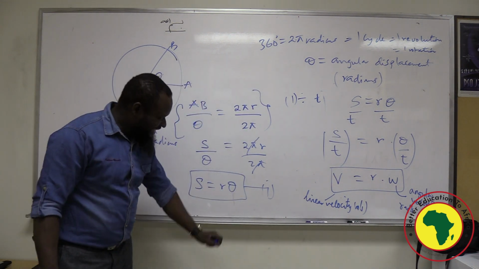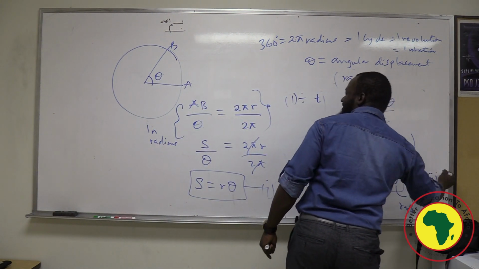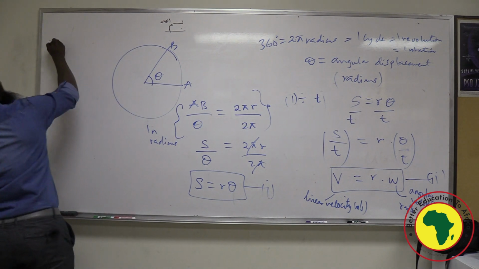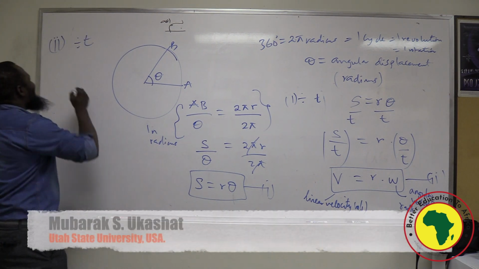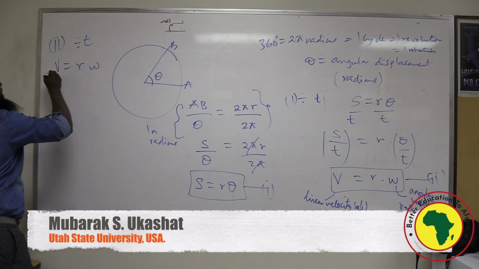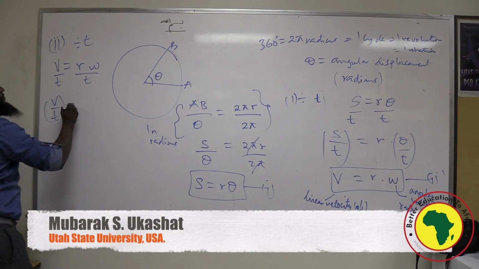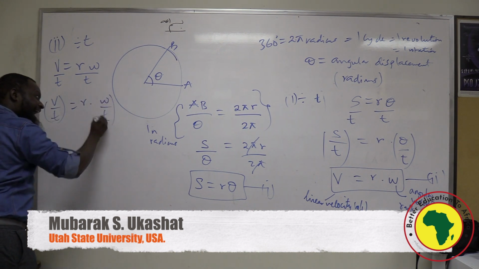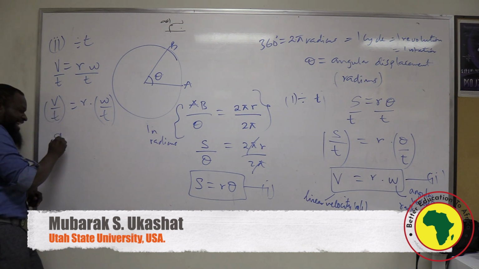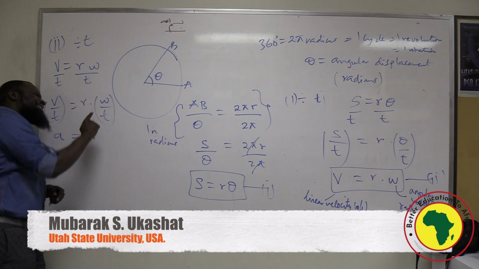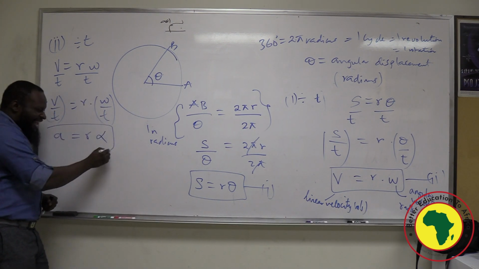So S is R theta, V is R omega. I call this equation 2. You can guess what's going to happen next, because I'm going to divide equation 2 by time again. And what do I get? V over time equals R times omega over time. V over time is linear velocity divided by time, linear acceleration A. Omega over time is angular velocity divided by time, angular acceleration alpha.